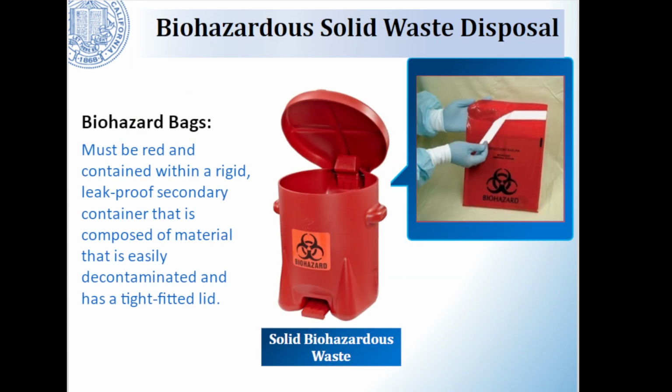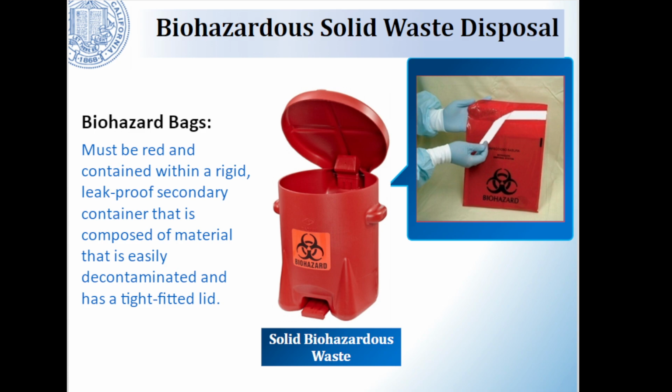Red bag waste includes non-sharps, contaminated solid wastes. This includes culture materials, petri dishes, or culture flasks, wipes, and bench paper, contaminated PPE, or any contaminated materials used to clean up spills. Use red bags for biohazardous waste only.